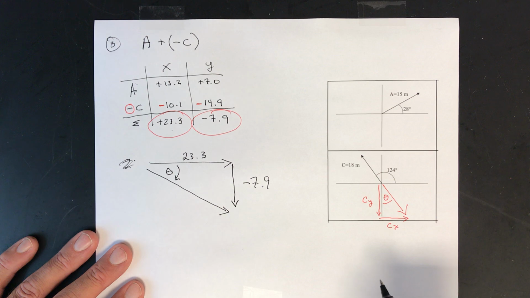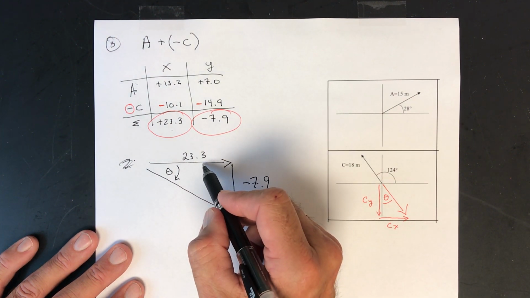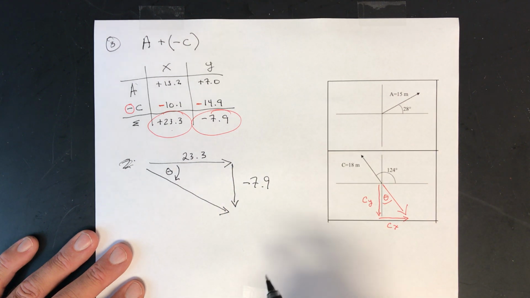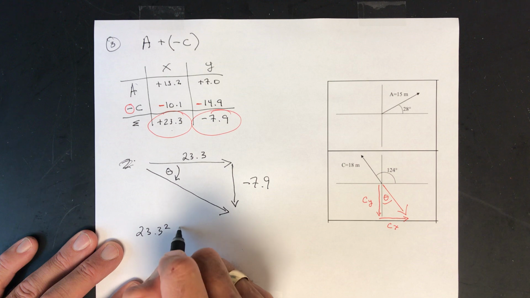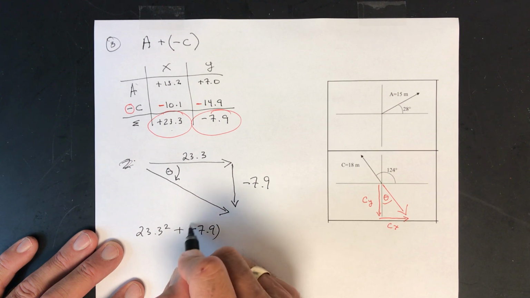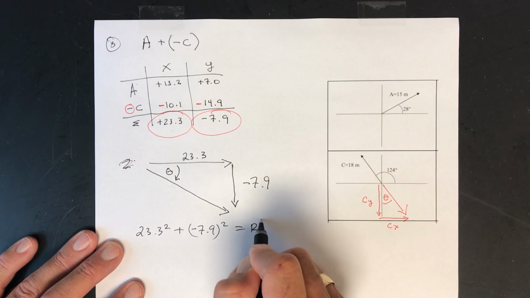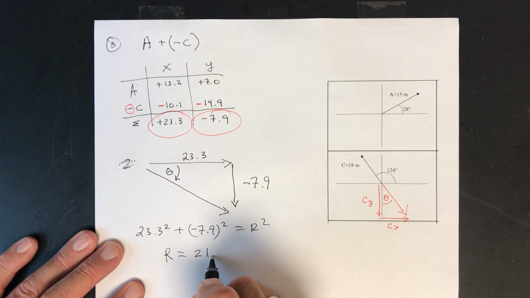My theta is always bound by the two vectors, in this case, the horizontal component and the hypotenuse. So now 23.3 squared plus negative 7.9 squared is equal to r squared. And do that calculation, and r works out to 21.9.